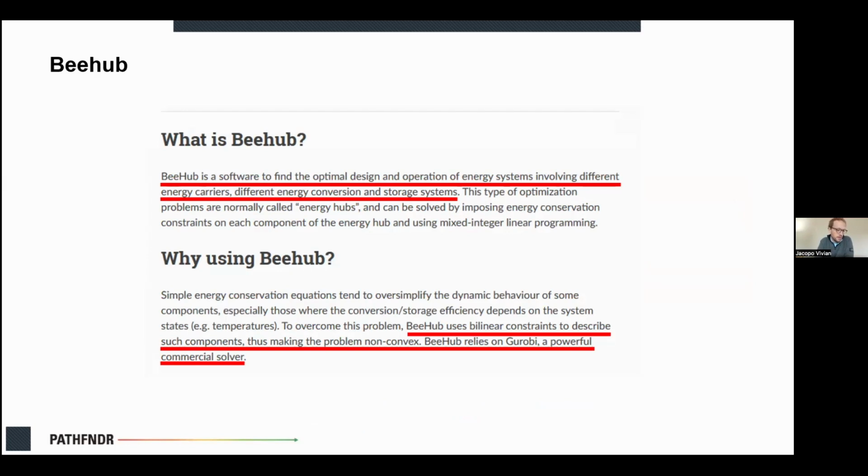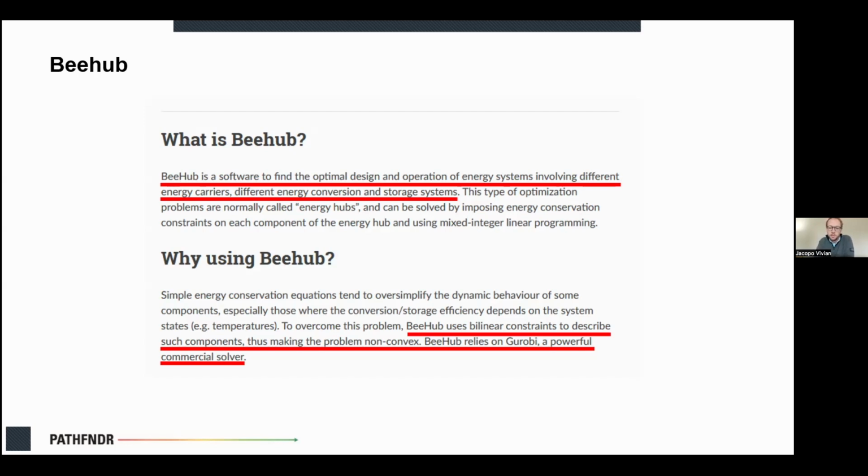We already had such a software or modeling framework at Empa. It was called, I guess it's still called eHabli, but the model tended to oversimplify the dynamic behavior of some components, particularly those we were interested in, seasonal thermal storage systems, where the conversion and the storage efficiency depends on the system state.